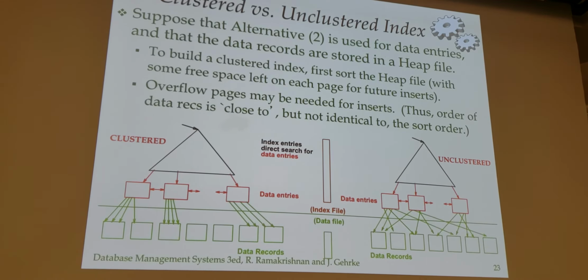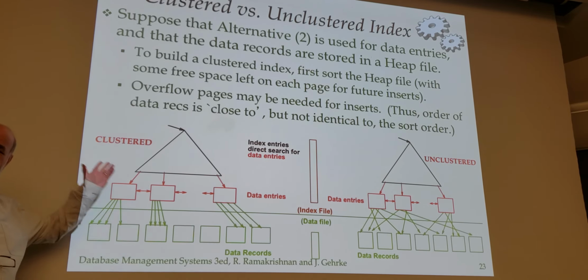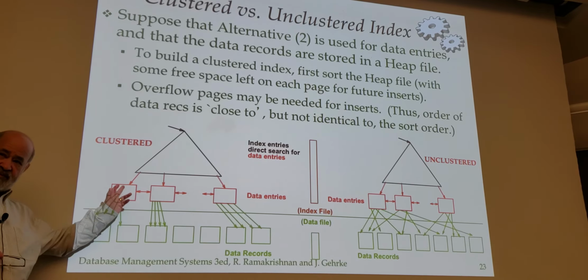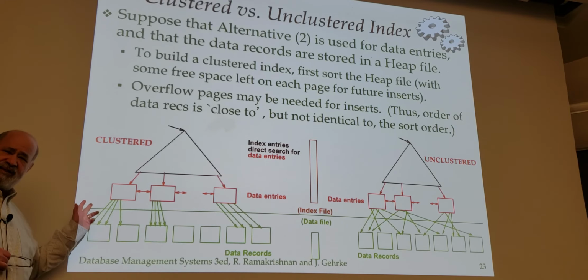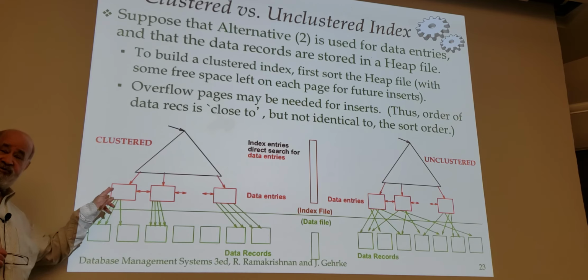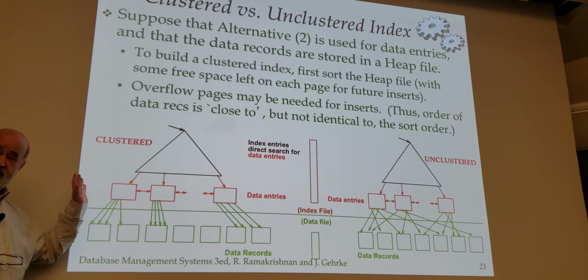So I'll build a clustering index by sorting the data, then my leaves correspond to it, and then I'll build the next levels up with the index. My traffic cops tell me when to go left and when to go right. Less goes left, greater or equal goes right. And of course, there are a lot of traffic cops in each one of these things. It's not just left and right. It's not a binary tree.